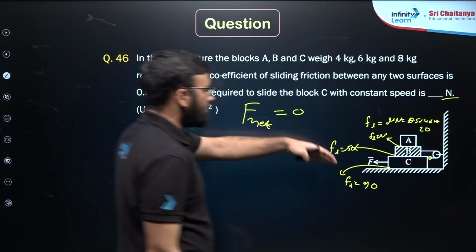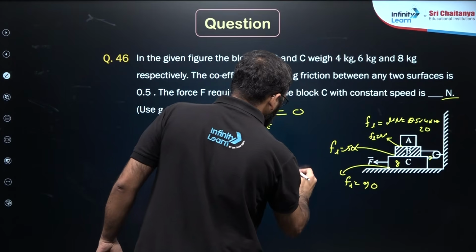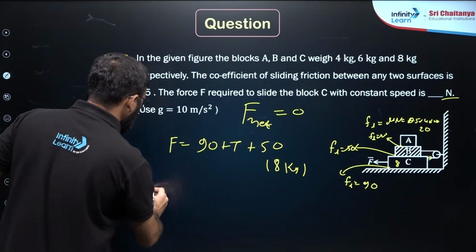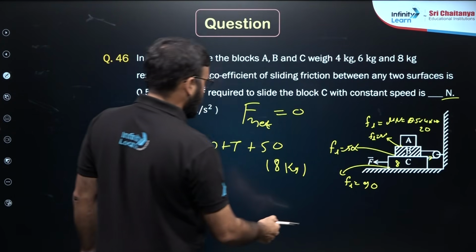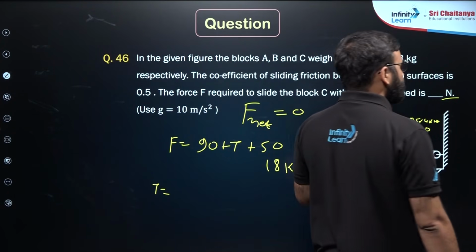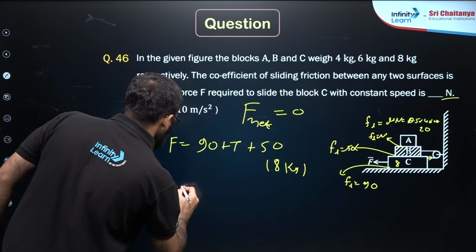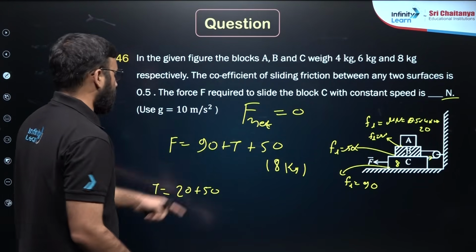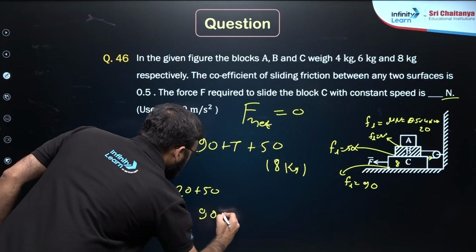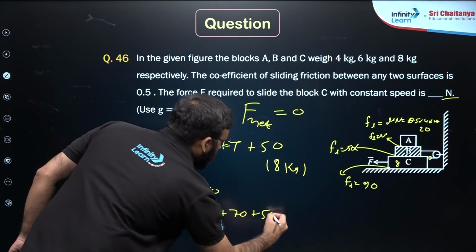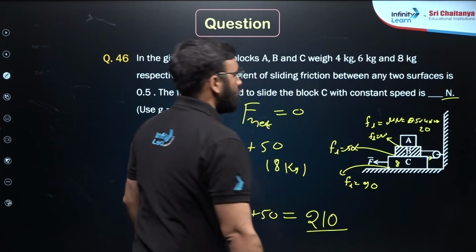Similarly, for tension in the second one, block 2 is connected to the pole. So how much is this? It is 20 plus 20, and this one is 50. So T equals 20 plus 50, that is 70. So you can put 70 here. So what is my F? F is 90 plus 70 plus 50. This value you can get as 210. That is your final answer beta here.